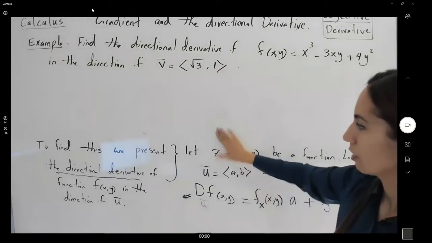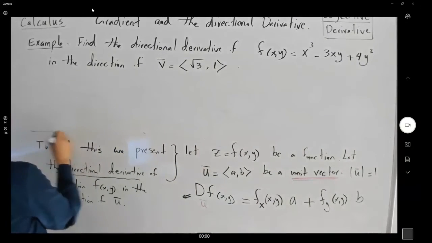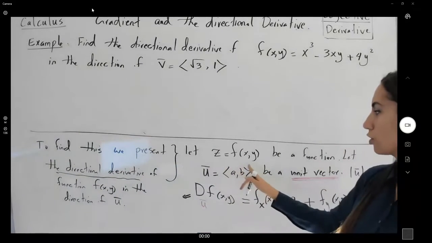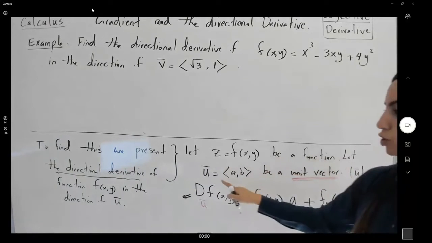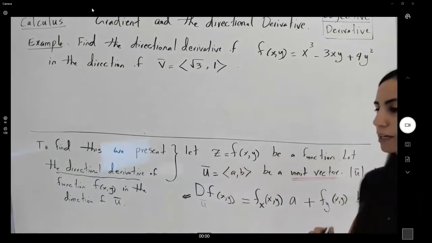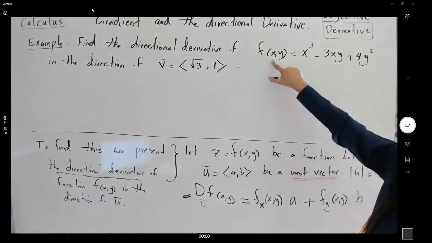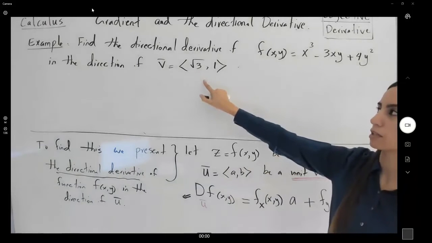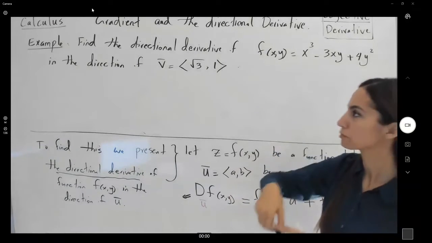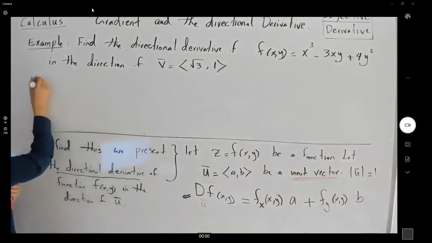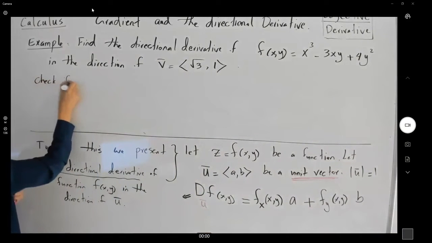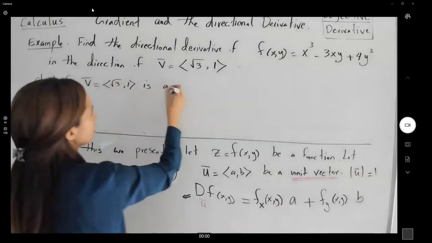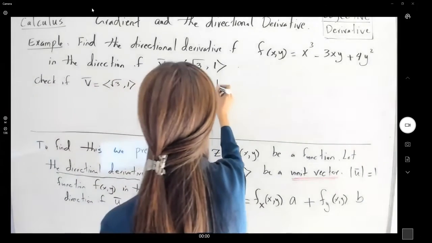Okay, let's see what we have here. If z is a function and u is a unit vector, we have the function z. Now we have to think about this vector. Do we have a unit vector? So question: check if v is a unit vector or not.